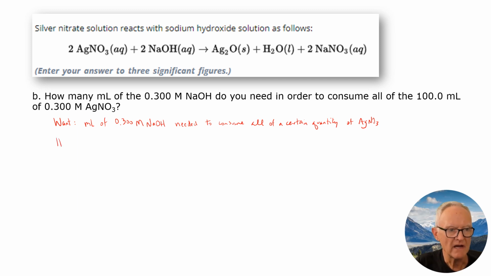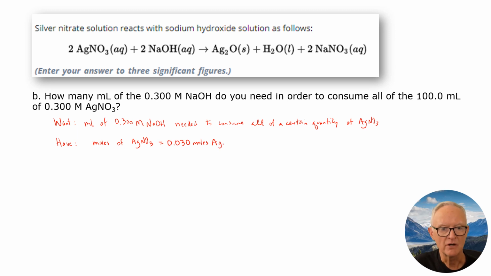What we have, well, we already calculated the moles of silver nitrate. And we also calculated the grams of silver nitrate that we're starting with. But now we can use moles, and it makes it a pretty easy calculation. So we have the moles of silver nitrate, and that equals 0.030 moles.